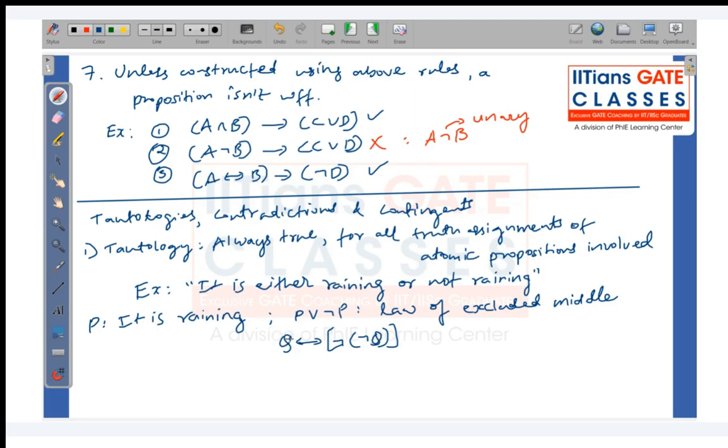So this entire expression is also a tautology. Is it clear how this is a tautology?